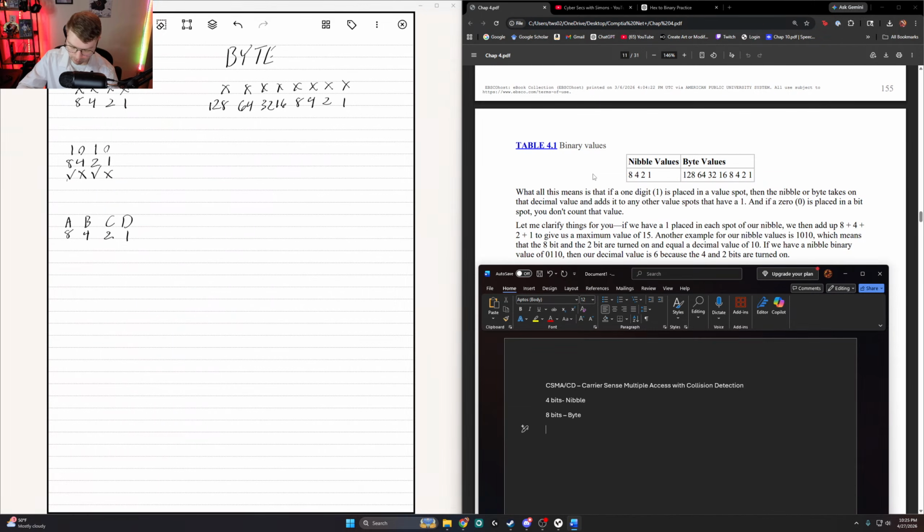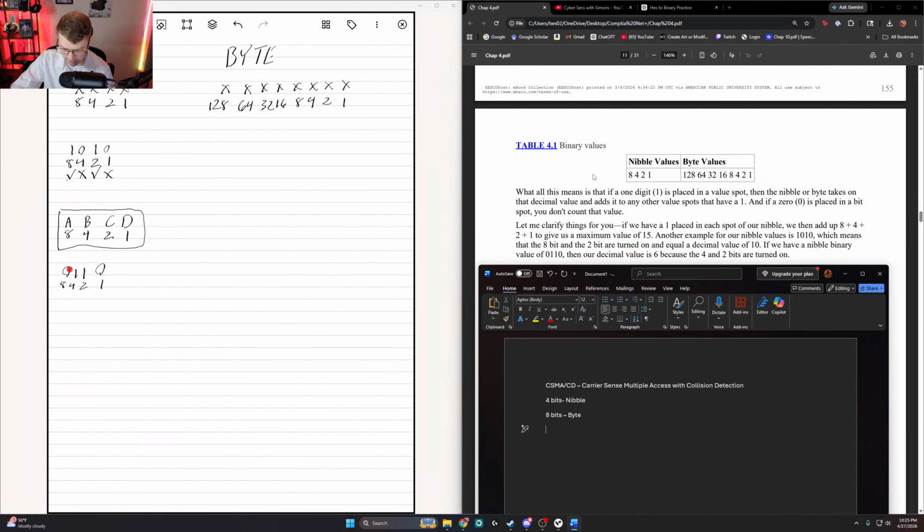So A will always be a value of 8, B always a value of 4, C always a value of 2, D always a value of 1 for our nibble. And then our next example was 0110. We got our values of 8, 4, 2, and 1.